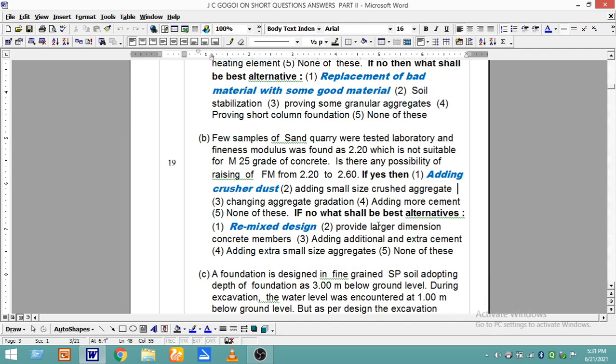Here, if it is not possible to attain 2.6, in such cases we should go for revised mix design. We should go for revised mix design to get M25 grade of concrete.